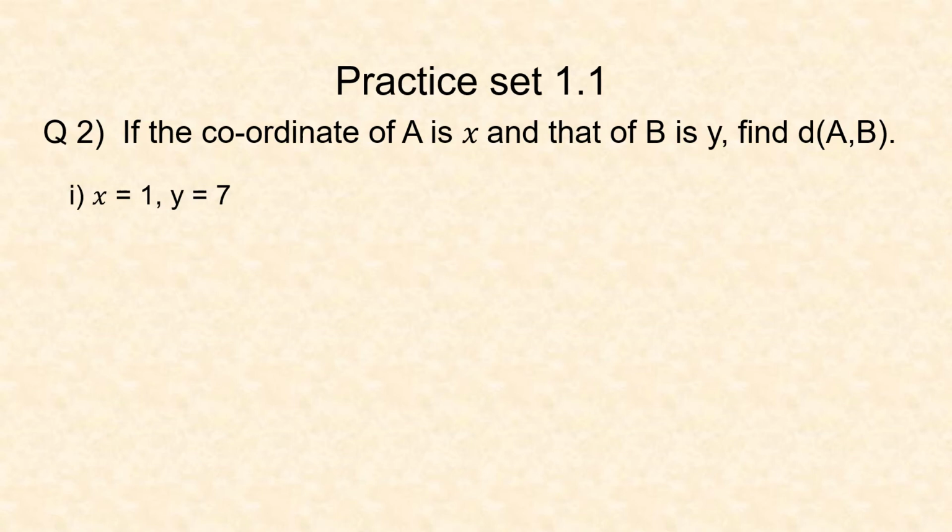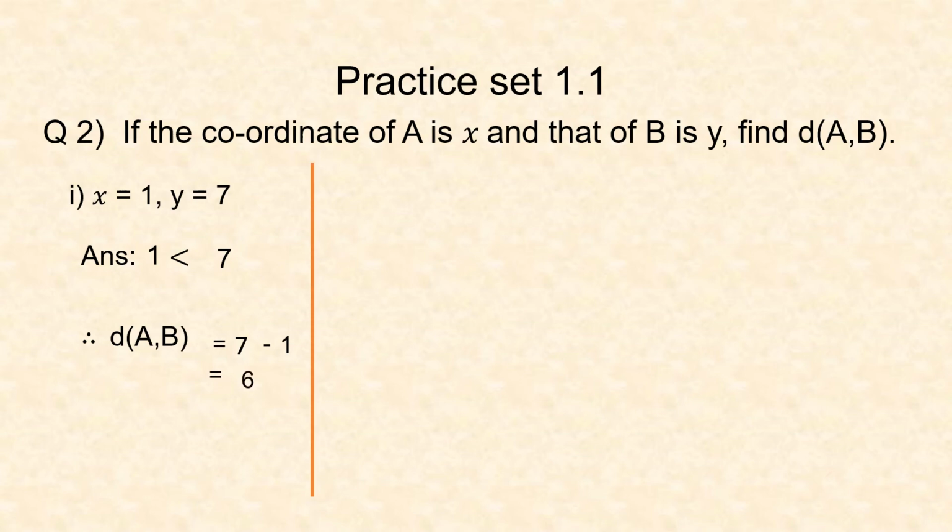Now compare these coordinates. First comparing, 1 is smaller than 7 or 7 is greater than 1. Therefore, distance between point A and B is equal to 7 minus 1 is equal to 6.